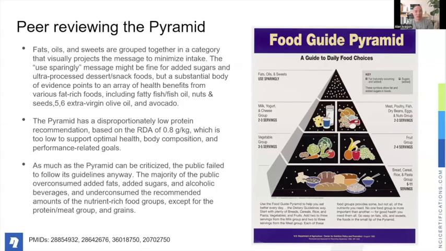So the USDA set the bar really low for protein servings, and so people exceeded that. And with grains, they set it high, but people still exceeded that. So the general public didn't properly follow the prescribed public health guidelines that the pyramid projected anyway.